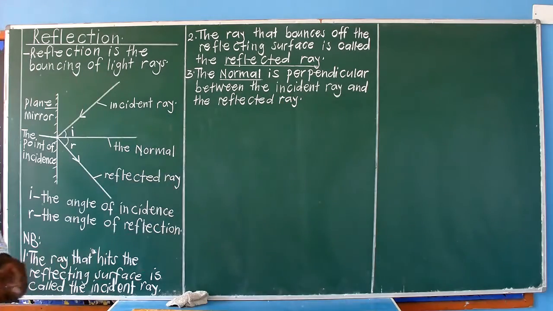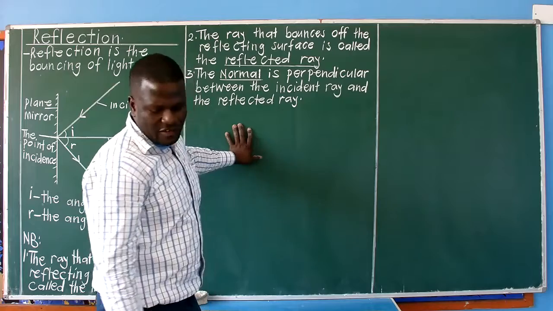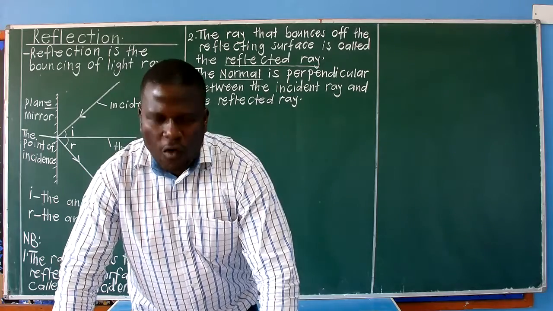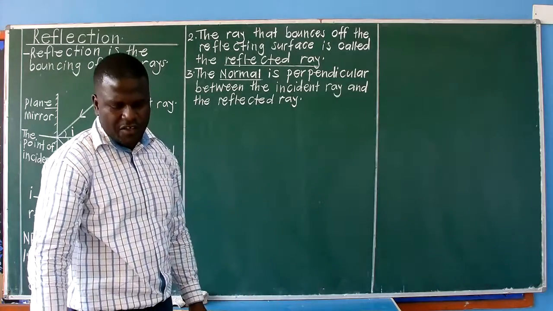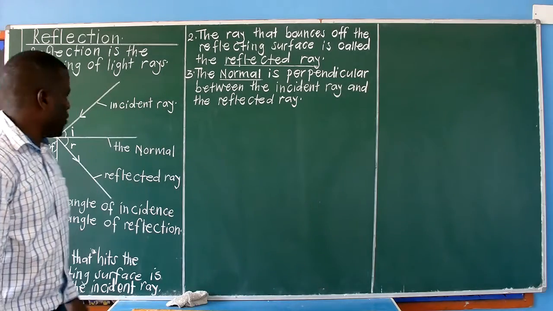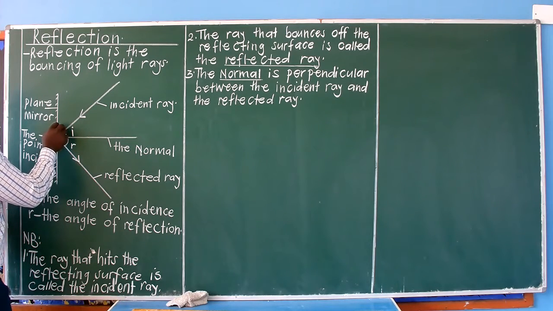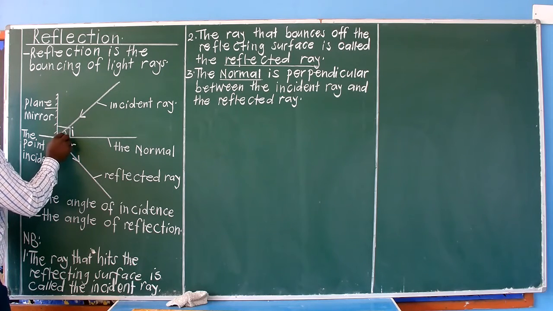When we say that the normal is perpendicular between the incident ray and the reflected ray, what do we mean? We simply mean that the normal forms an angle of 90 degrees.